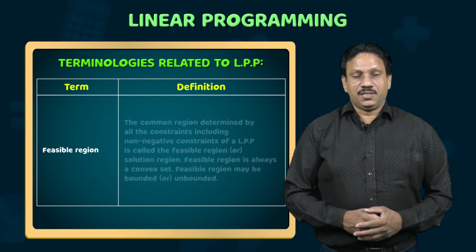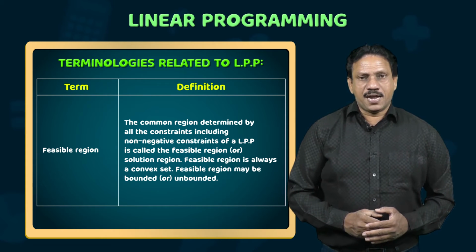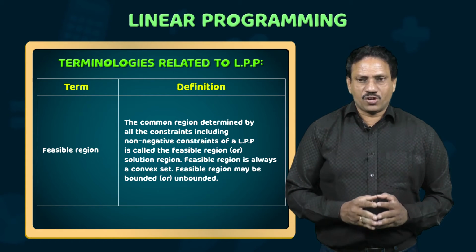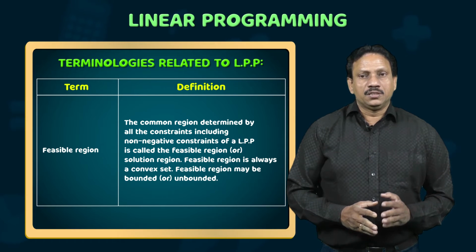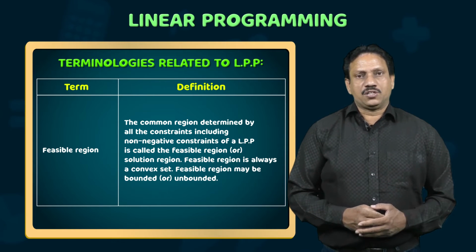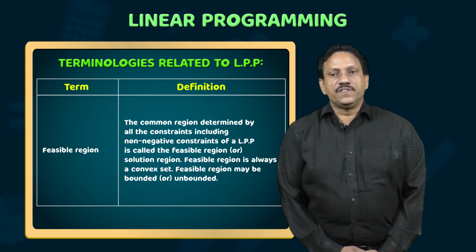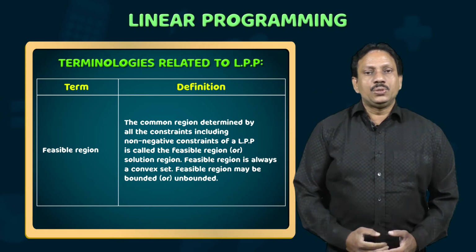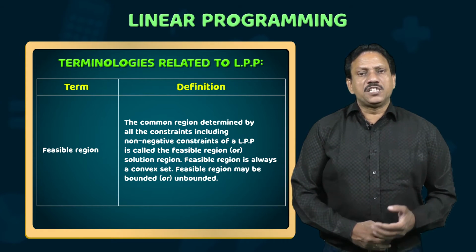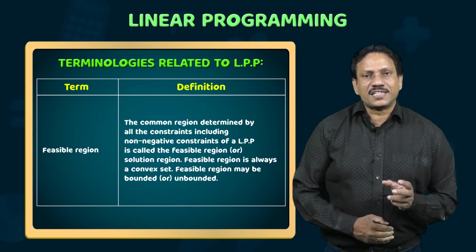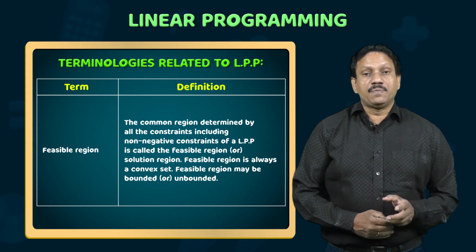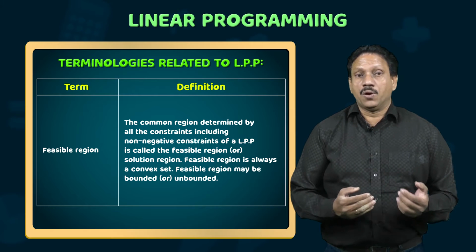Feasible region: the common region determined by all the constraints, including non-negativity constraints of LPP, is called feasible region or solution region. Feasible region is also a convex set. Feasible region may be bounded or unbounded.